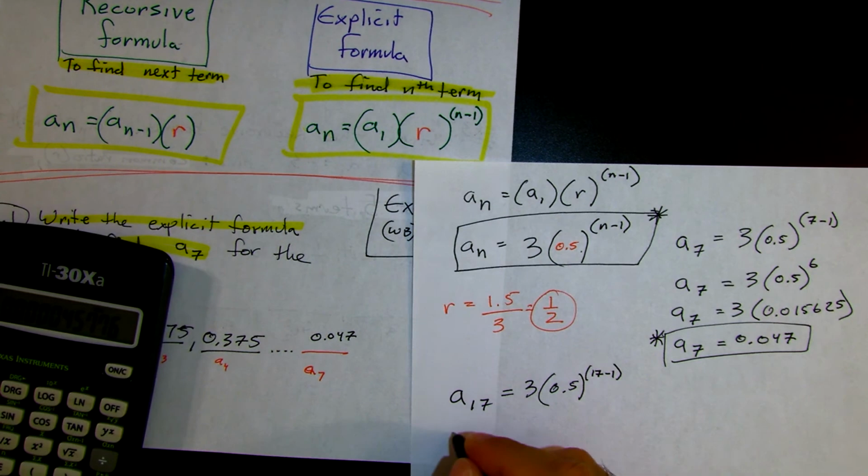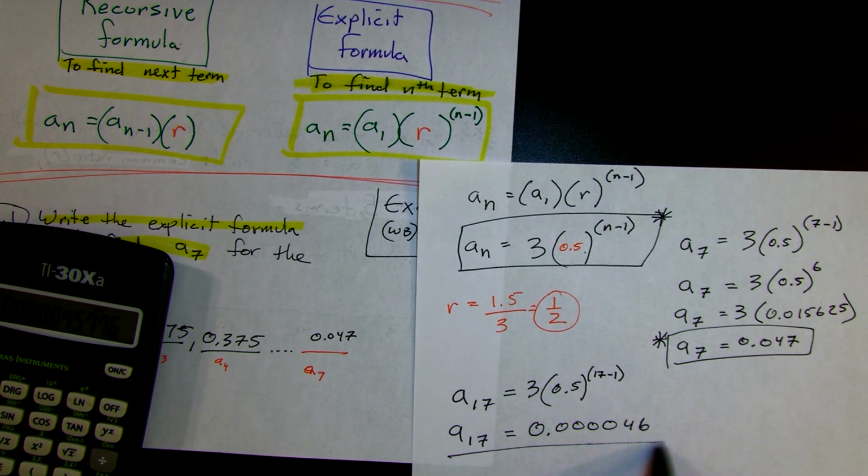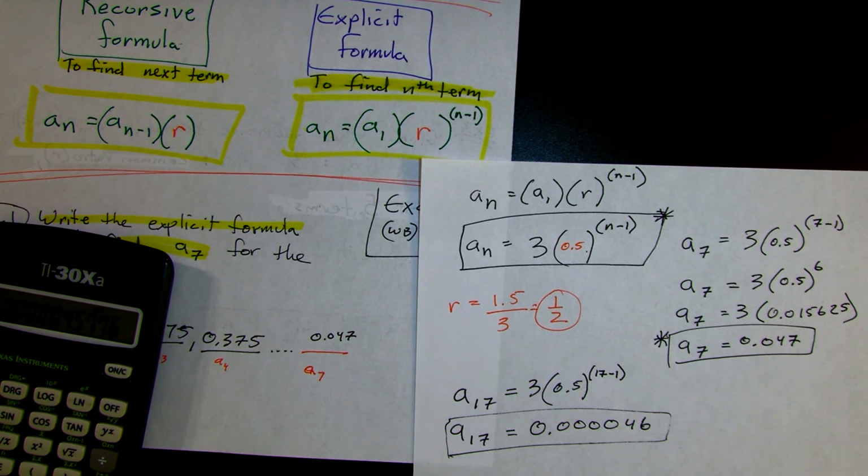Oh my God, I'm sorry. 0.0000046. You see? Once you have your explicit formula, you just have to plug in the term you're looking for. That's what makes it nice. That's why it's useful.